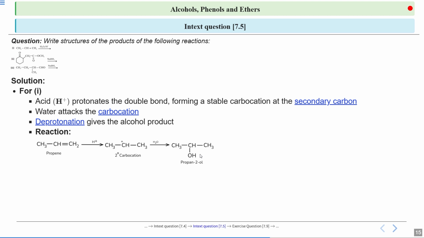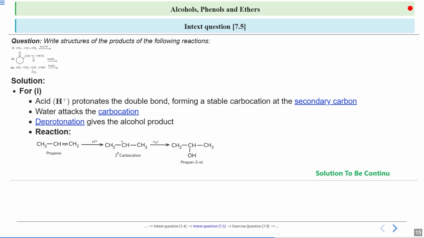So this was the first case: propene, when your acid protonates the double bond, it will form a stable carbocation at the secondary carbon. And then when this water sees this positive charge on this carbon, this water will attack and get attached to this carbon. So oxygen will have a positive charge. Again, this water will attack and deprotonation will give you the final alcohol product.